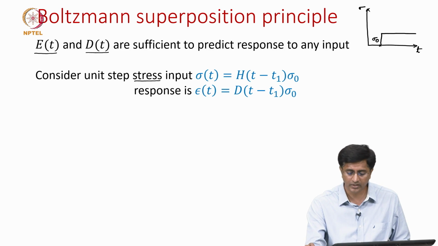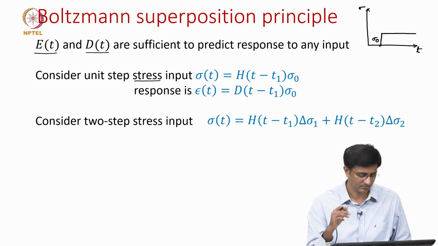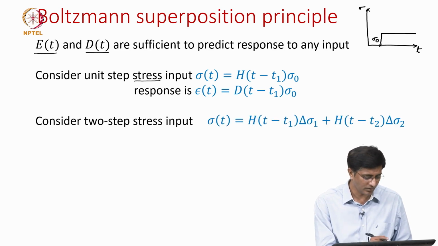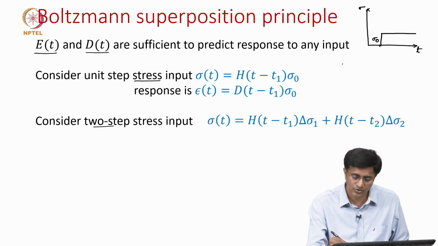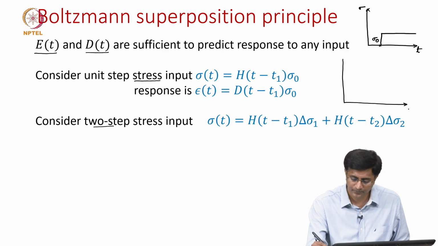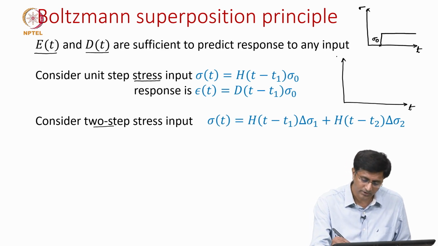But now let us look at if there are two steps, meaning that we are looking at a two step stress input. Let us show it pictorially first. With time, the stress varies in two steps, first at time t1 and then at time t2.